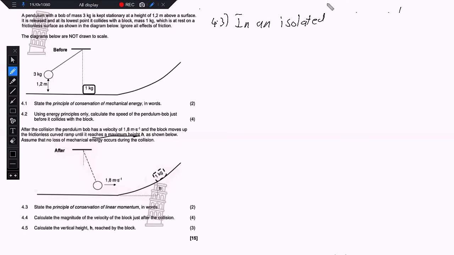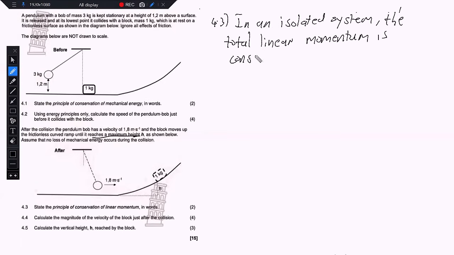It states that in an isolated system, the total linear momentum is conserved. So, right, so we were given just 4 marks worth of definitions there for free.